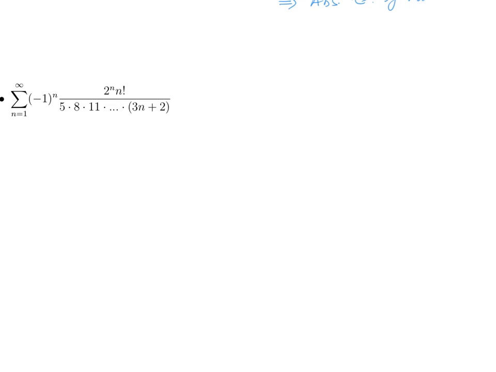In this case, you do have a negative value, but since we're going to take the absolute value, it doesn't matter. So therefore, you have a n is technically 2 to the n times n factorial over 5 times 8 times 11 and so on up to 3n plus 2.